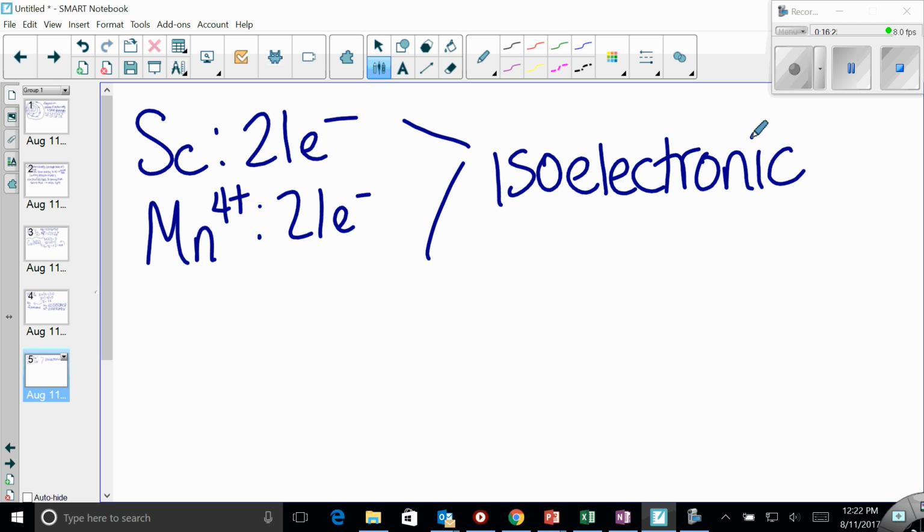Like isosceles for a triangle, meaning they have the same length and same angle, right? All isoelectronic means is they have the same number of electrons. So if all I gave you was the number of electrons to write the configuration, you could give me a bunch of possible answers. But if it's in a compound, it has to be whatever it is.